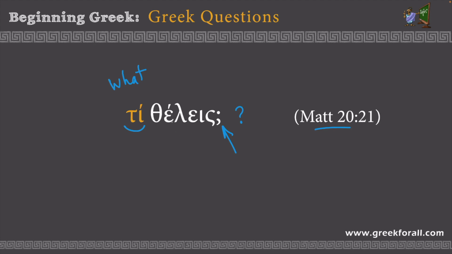Now this is the verb theleis from the verb thelo, which means I want, I wish. We see the second person singular ending, meaning you, so you want. Everything together will be what you want, and because we have a question, we make it a question, so we say, what do you want?